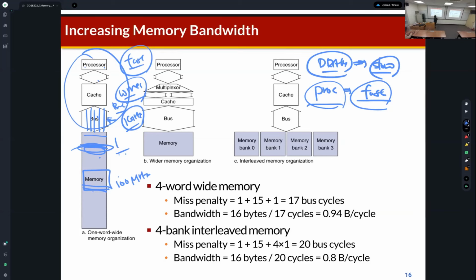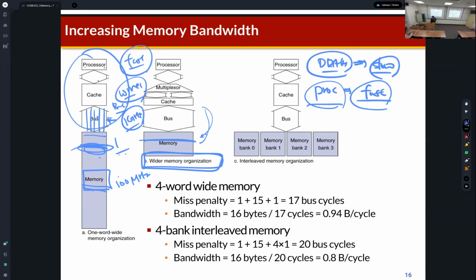Then you can use a wide memory. Wide memory means that with one access, the width of the memory is larger, so it's wider. With one access, we can read a larger amount of data from the memory. That can be possible, right?